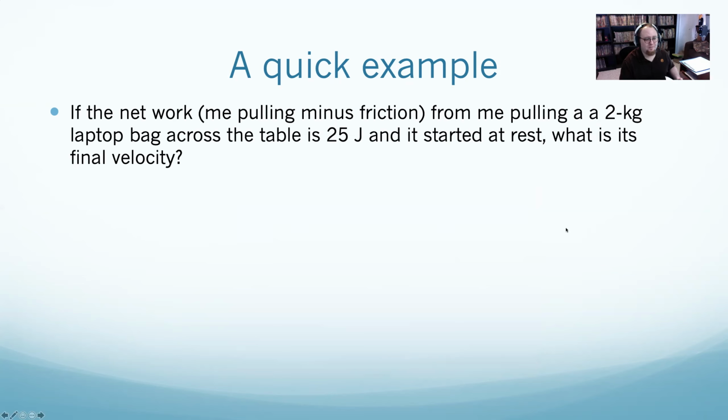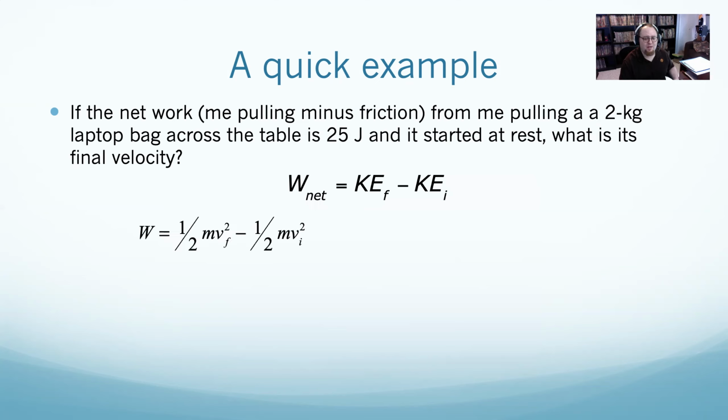Well, work is change in kinetic energy. And so work is 1/2 m v final squared minus 1/2 m v initial squared. Now, if it started at rest, it initially had no velocity. So my initial is 0. And so the work is just 1/2 m v squared.